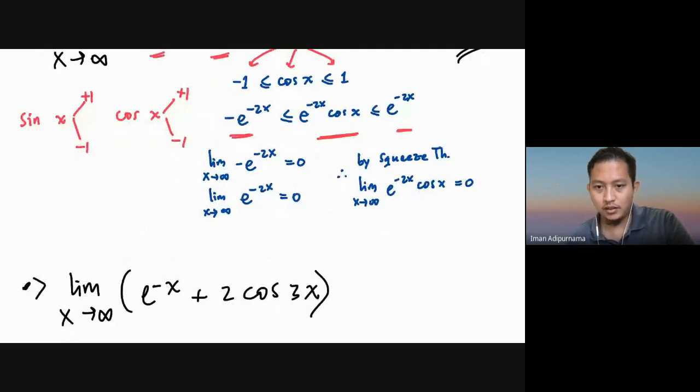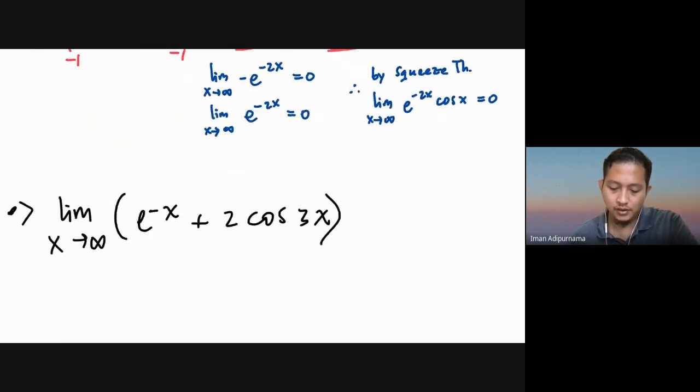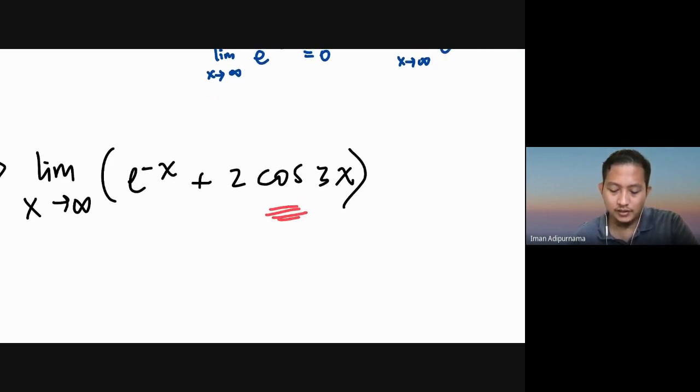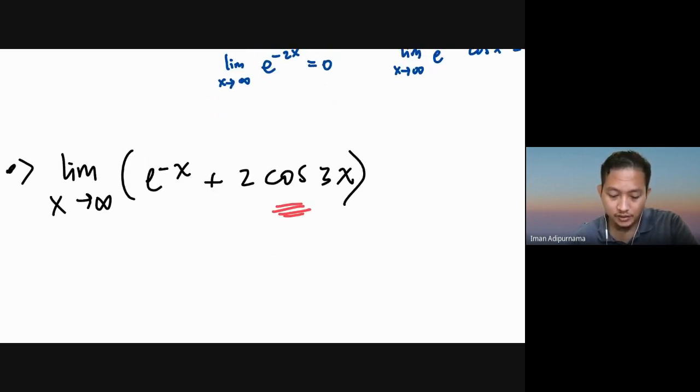The third question also includes the e. And for the third question, you don't really need to calculate or prove something here. You can use some logical reasoning to answer, because of the cosine. Remember that cosine is always between +1 and -1.